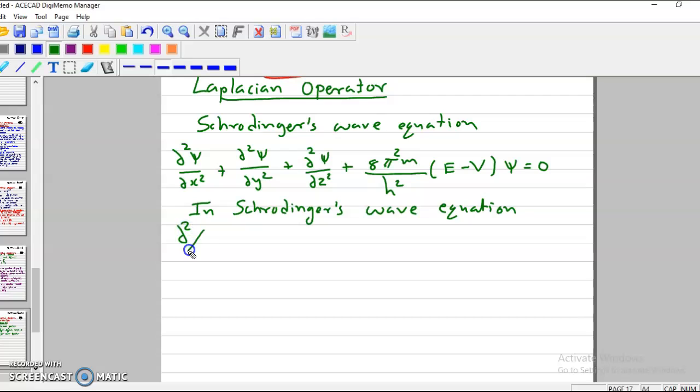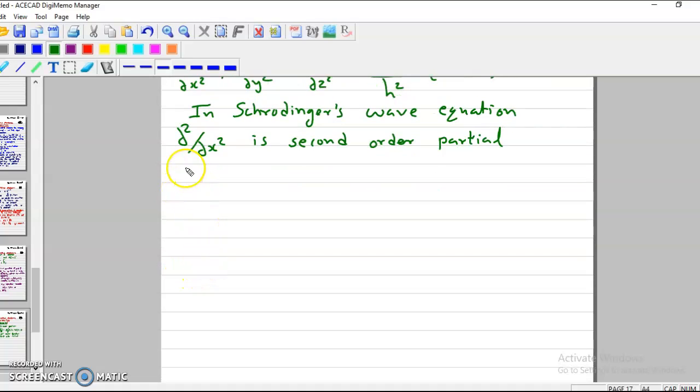del square upon del x square is a second order partial differential operator with respect to x.